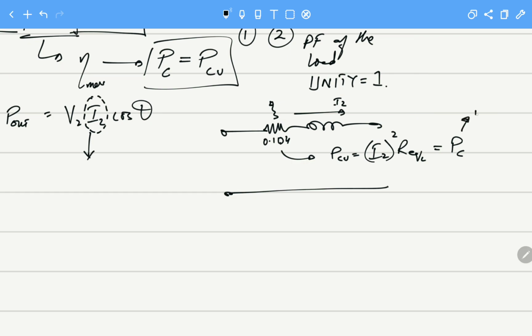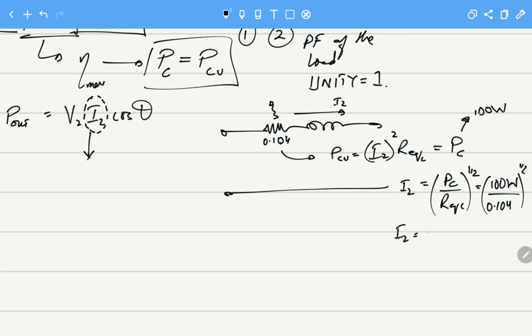Core losses, we know, are 100 watts. So we can calculate I2 from this equation: the square root of P core over R equivalent. Core losses we know are 100 watts, R equivalent is, we know, 0.10. So I2 becomes 31 amperes.